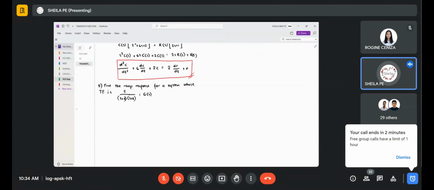So given this, remember the ramp response. Our ramp response has a time domain form, which is t u(t), and the Laplace of that is 1 over s squared.